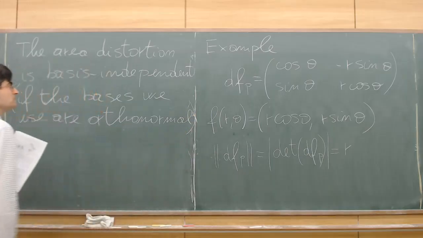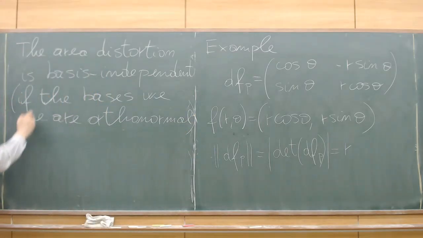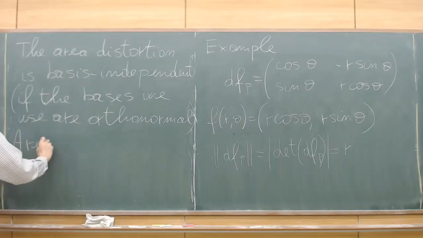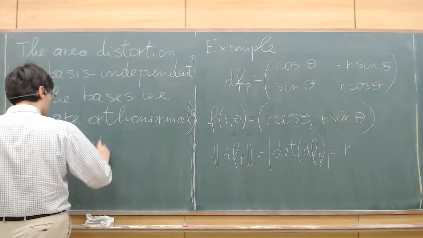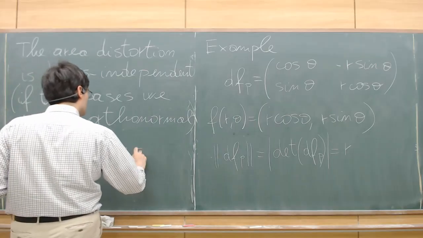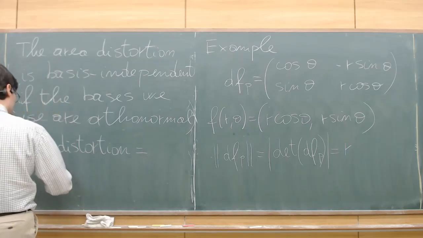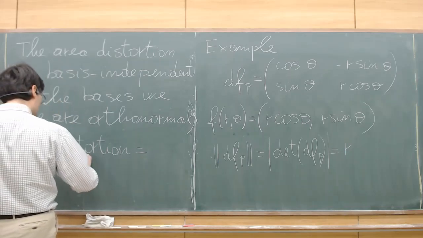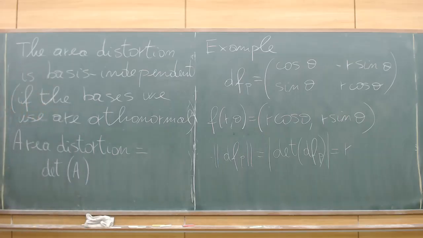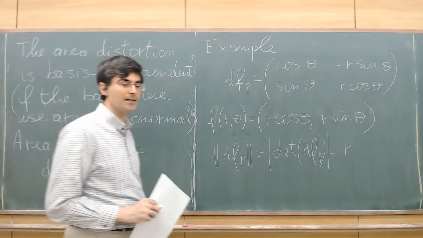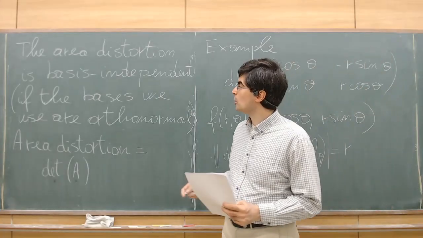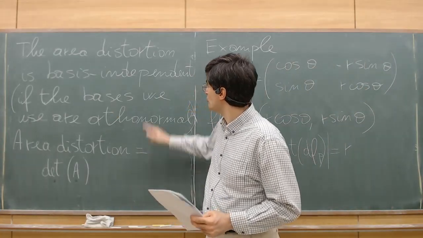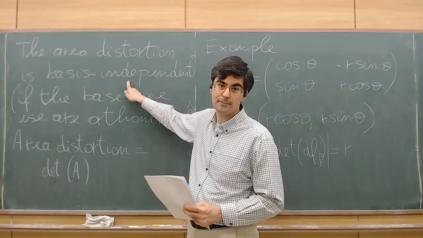Why is this true? Because we proved that area distortion is equal to the determinant of A, and the determinant of a matrix which represents a linear transformation does not depend on the choice of the basis. So the area distortion is basis independent.